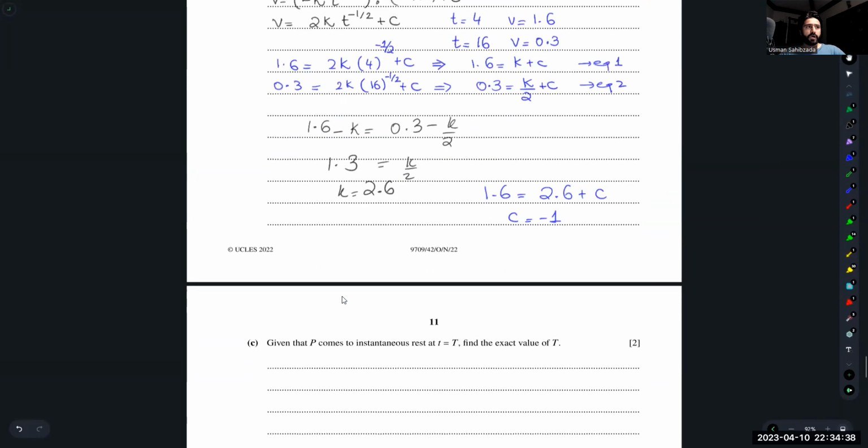Now our velocity equation is 2k t to the power minus 1/2 plus c. In place of k we put 2.6, so that's 5.2 as 2k, and in place of c we put -1. This is what we have.